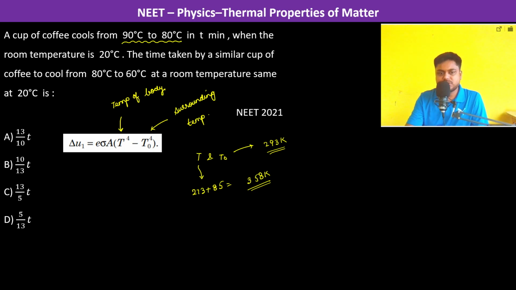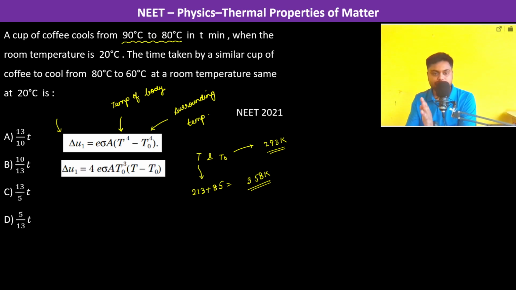So in such cases what we do is we approximate this formula using binomial theorem, taking T as T naught plus delta T, and then the formula becomes this.